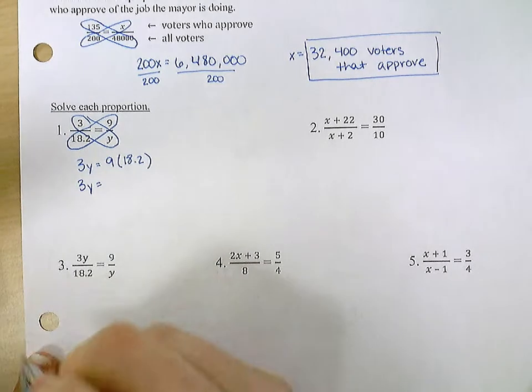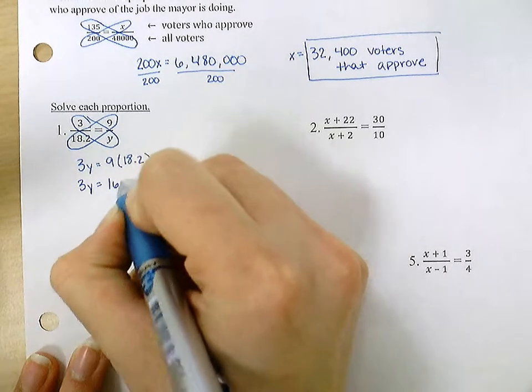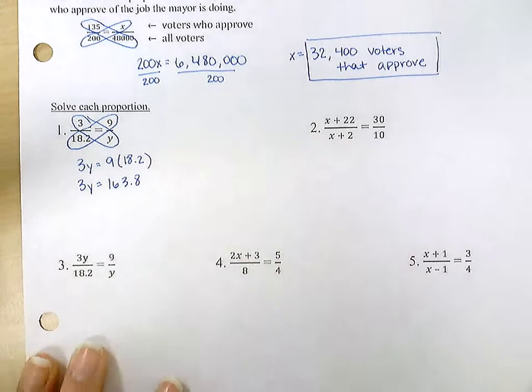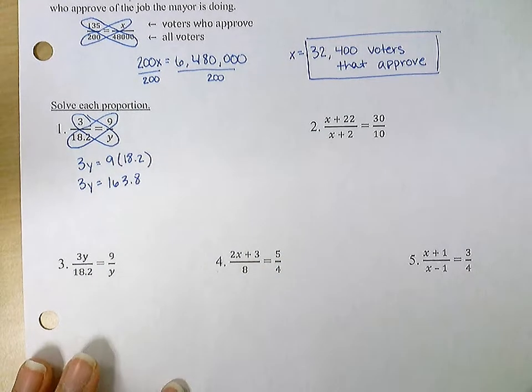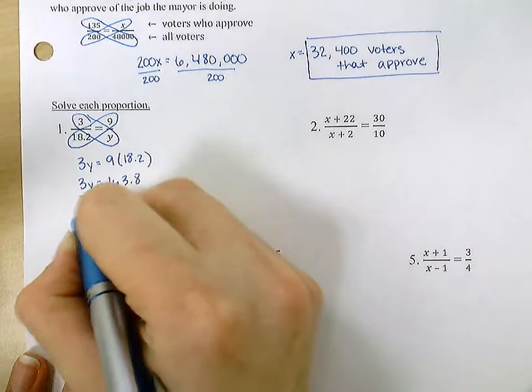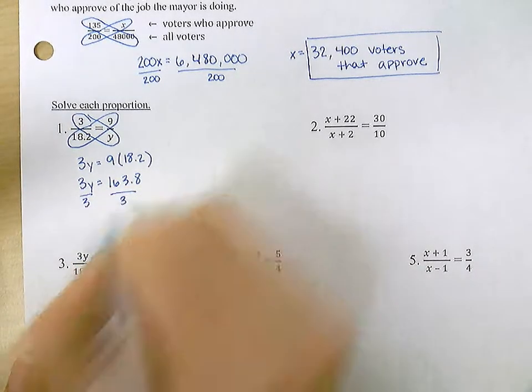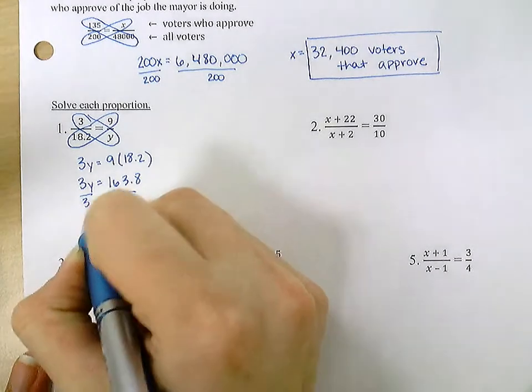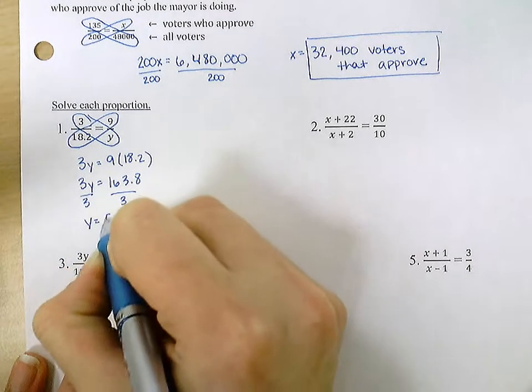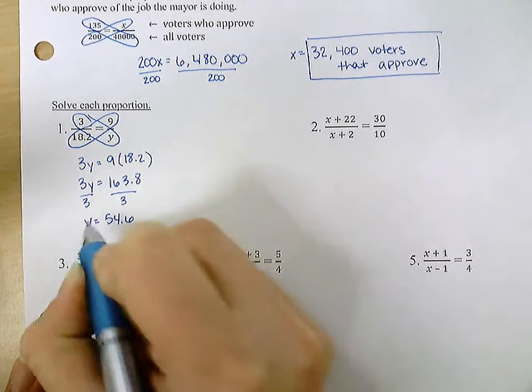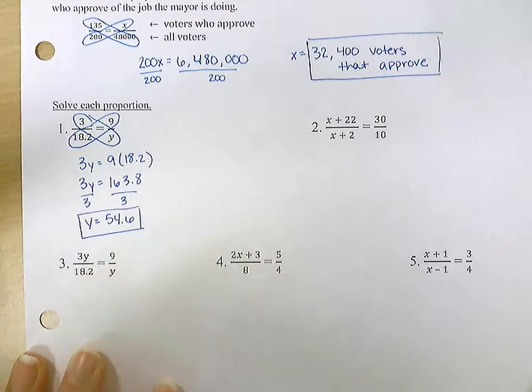So we end up with 3y is equal to 163.8. We'll divide both sides by 3. And y is 54.6.